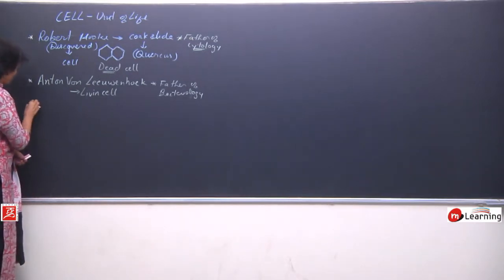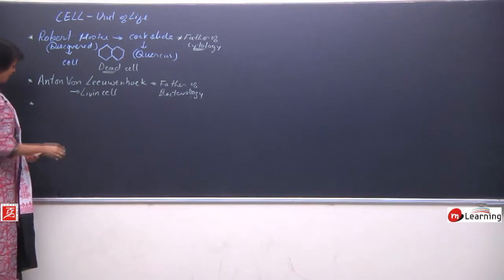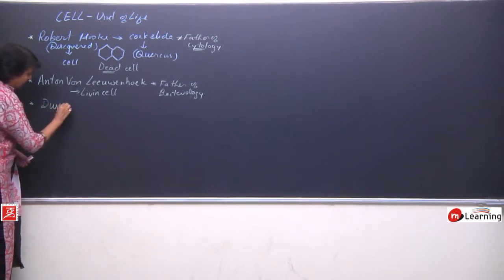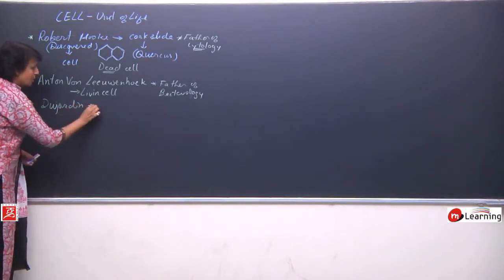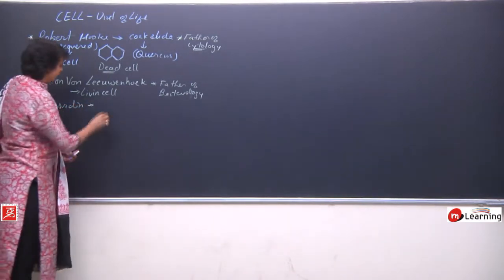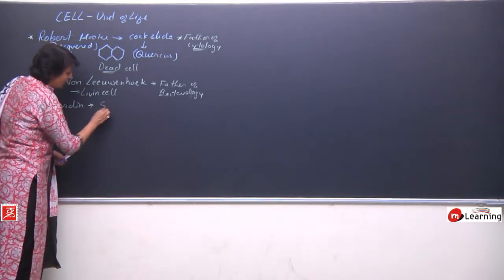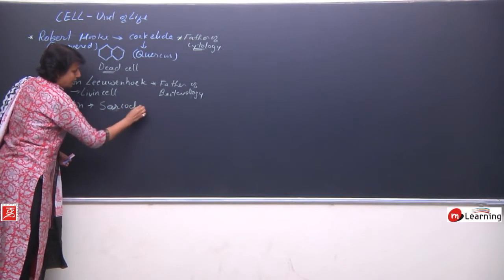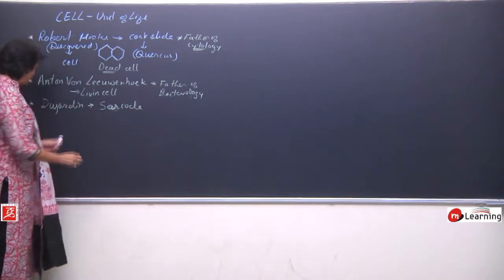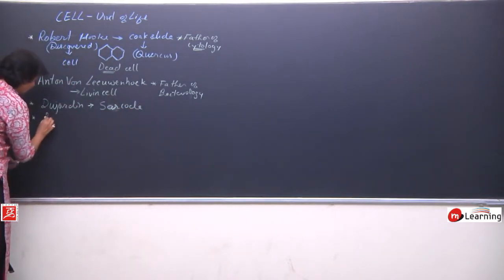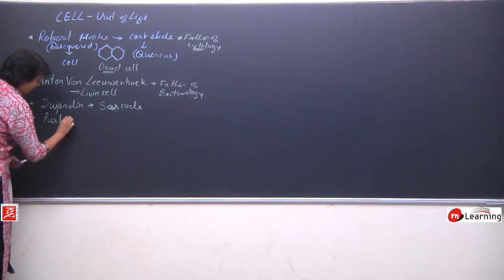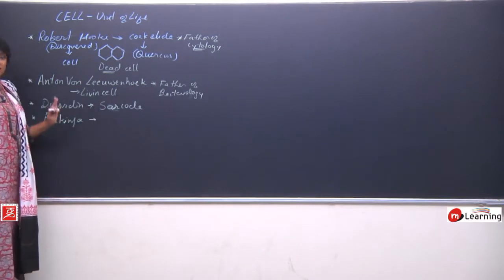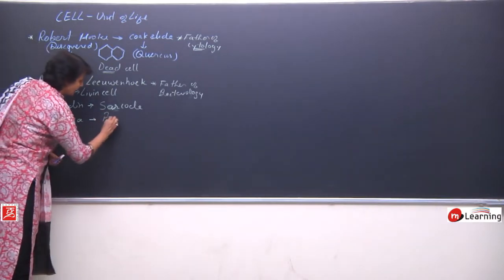Now let us talk about few more scientists. Another scientist was Dujardin. He observed a fluid-like material in the cell which he called sarcode, which was the fluid-like material. Later on, Purkinje observed the same substance in many other cells and named it protoplasm.